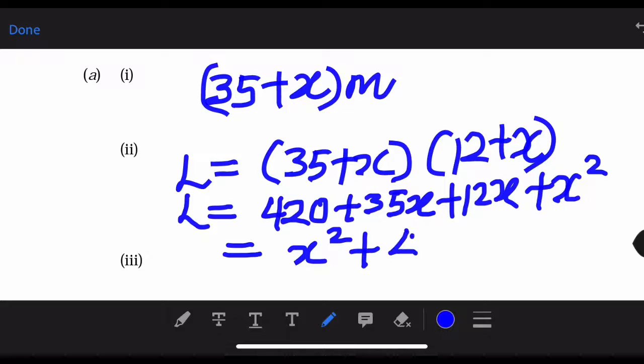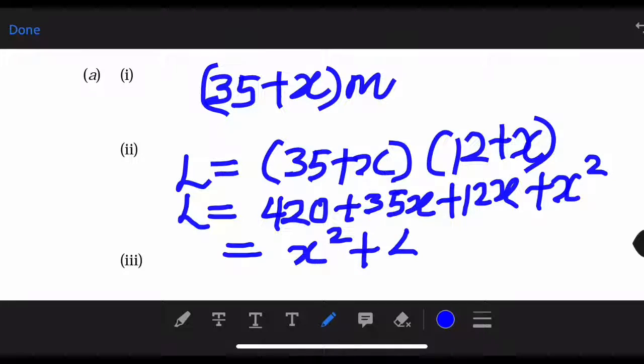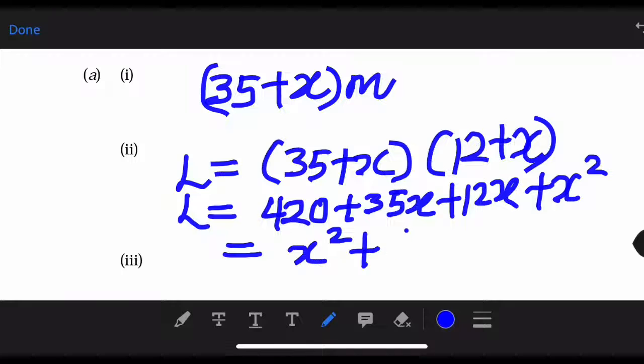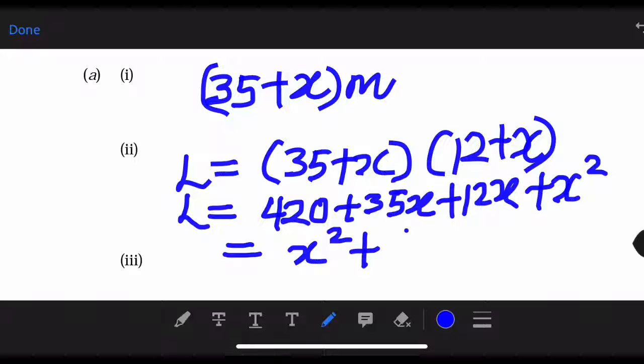So the price for the fence is equal to 93 times RM 13. So the answer is RM 1209.